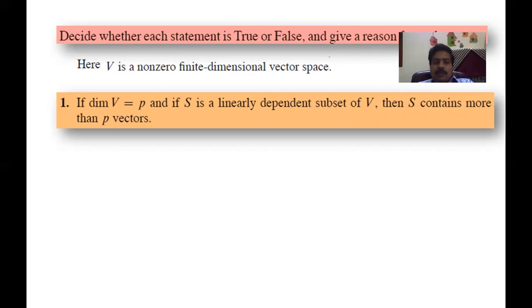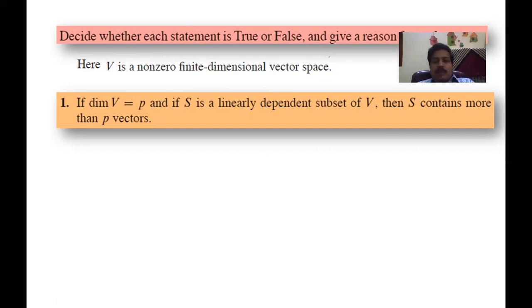Our theorem states that if the dimension of V is equal to P and S is linearly independent, then S must have at most P vectors. But it does not imply that S is linearly dependent. The number of elements in S must be greater than P. So that will not be the inference of our statement.